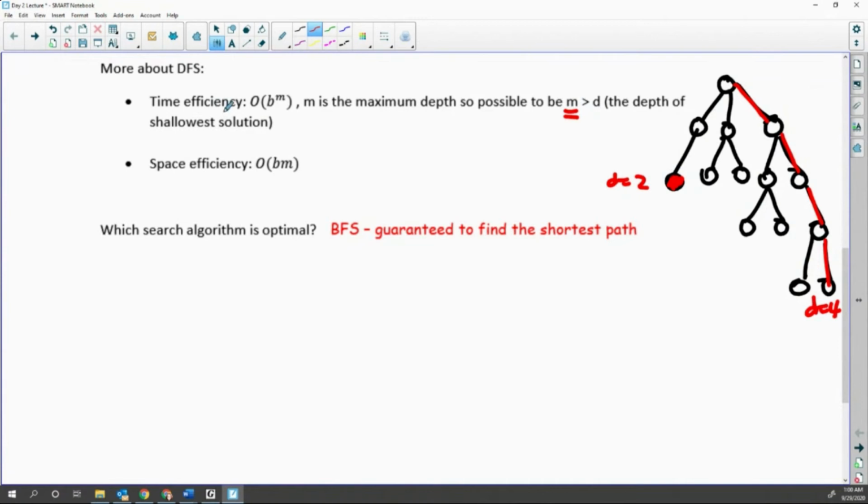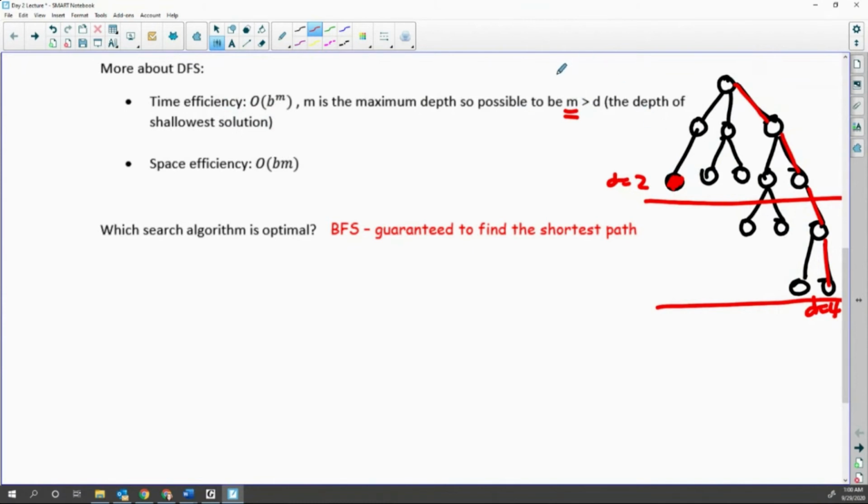So time efficiency for the worst case is big O of B to the M's power, where B is the branch factor. While breadth first was finishing at B to the D's power, in the worst case DFS is much bigger, B to the M's power.